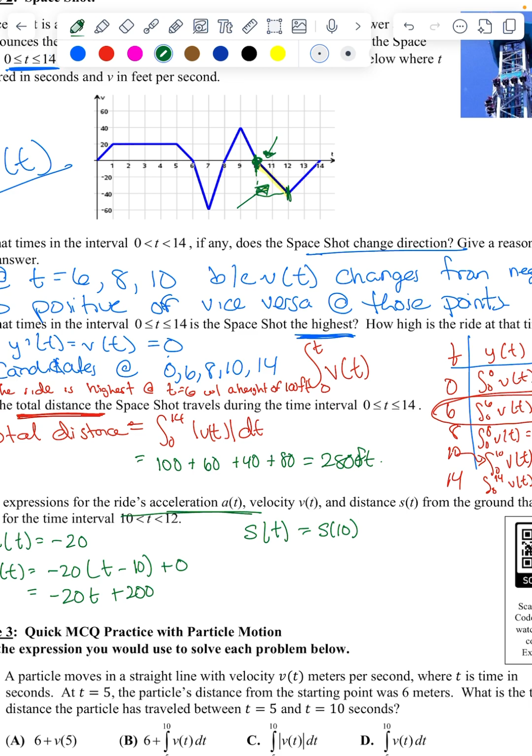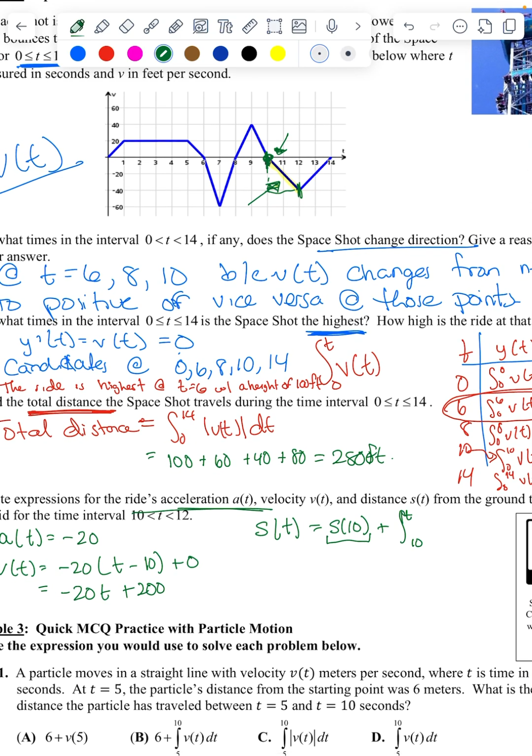So it's the position at 10 plus the integral from 10 to t. In this case, we should have put 12, right? But they want you to keep it in terms of t. So the t is going to be here. And then we've got negative 20x plus 200 dx because it's the integral of the velocity function.